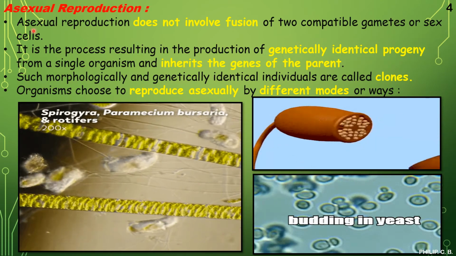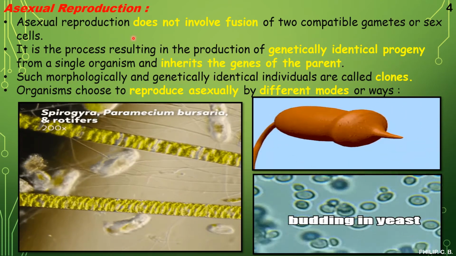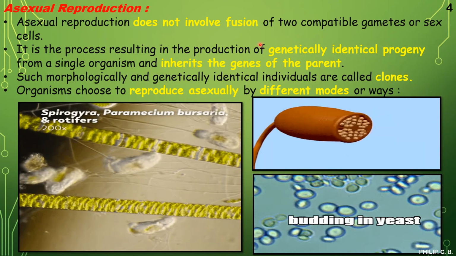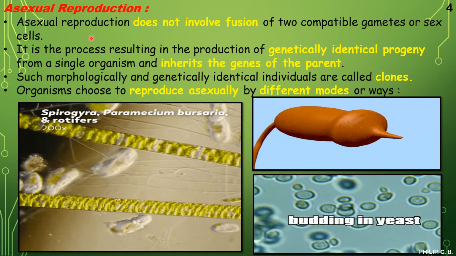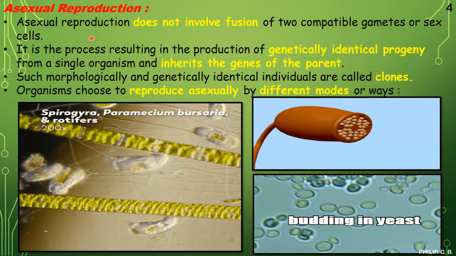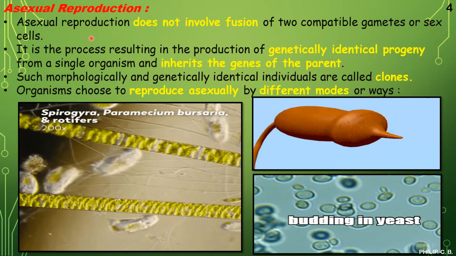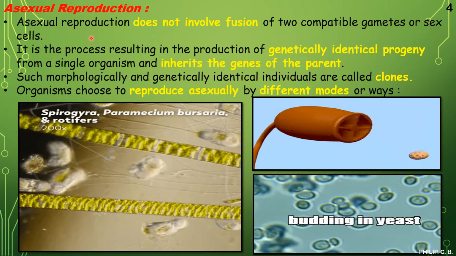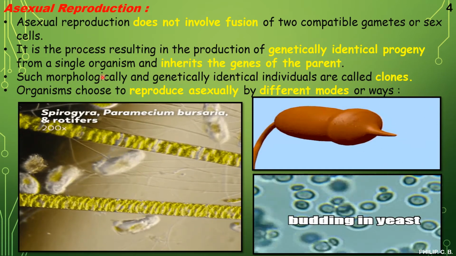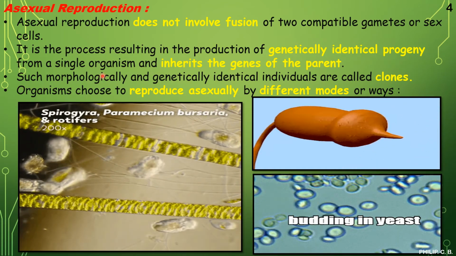So first point, asexual reproduction does not involve two compatible gametes or sex cells, or simply means in asexual there is no fusion of gametes, so there is no fertilization as such. It takes place by asexual means, which we'll learn further, and some of the animations you have already seen.